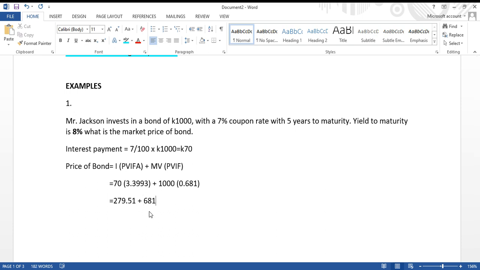Our decimal place, I'm going to move 3 places: 1, 2, 3. So that's 681. So we're going to say 279.51 plus 681. The market price of the bond is 960.51 kwacha.